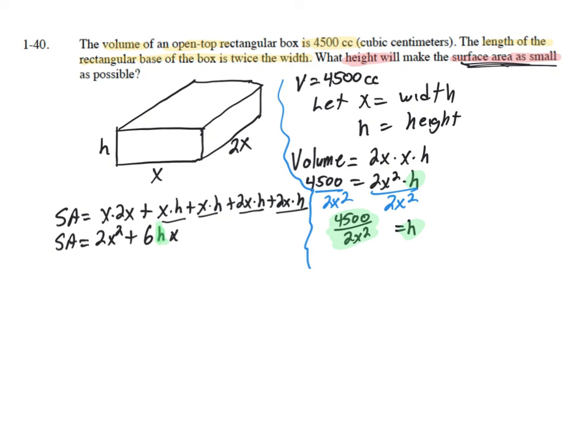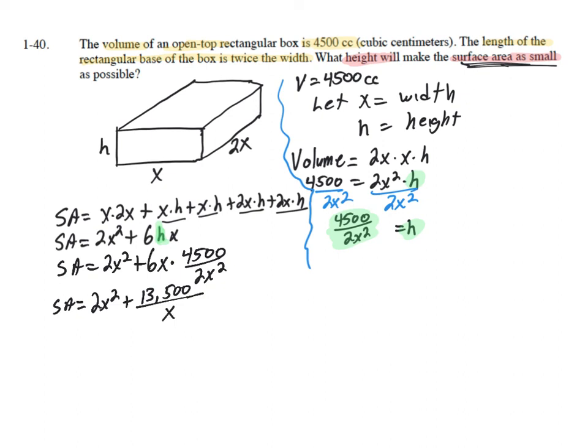So surface area equals 2x squared plus 6x times 4,500 over 2x squared. If I simplify that, surface area equals 2x squared plus 6 divided by 2 is 3. 3 times 4,500 is 13,500. And one of the x's in the denominator cancels with the x in the numerator.